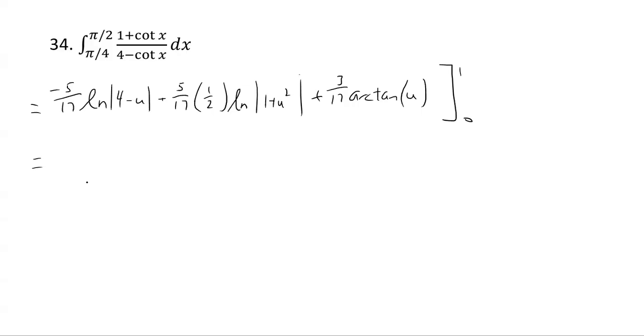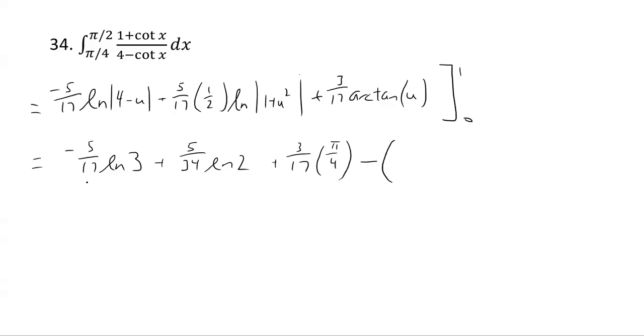Okay, so plug in the upper bound, so minus 5 over 17 ln of 3, plus 5 over 34 ln of 2. Let me just write ln of 2 like that, plus 3 over 17 arctangent of 1, that is pi over 4, okay?